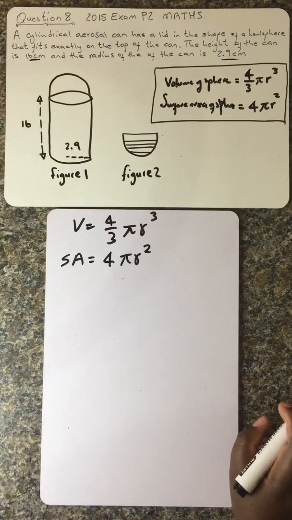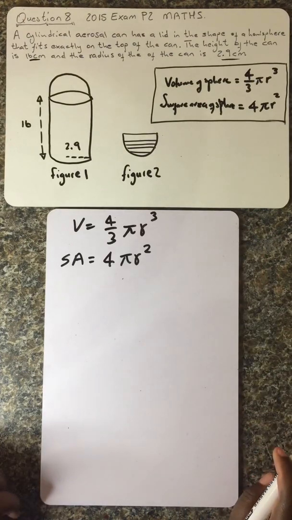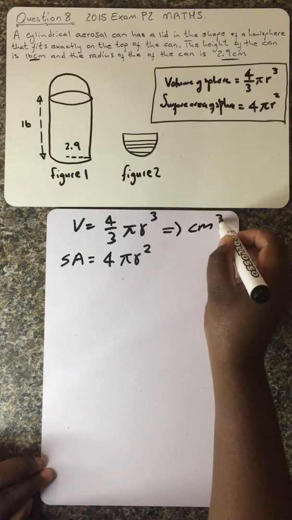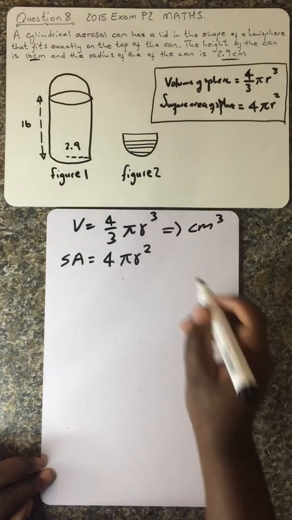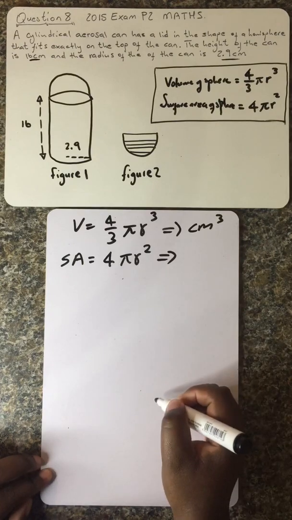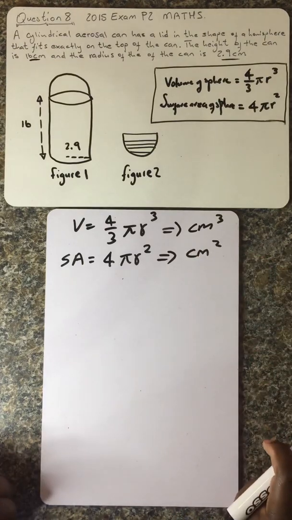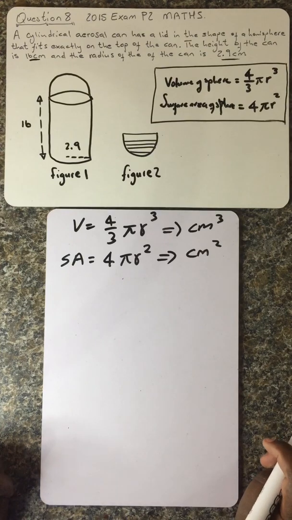Very much important, ladies and gentlemen, that you understand the difference between the two. Volume will be measured in centimeters cubed, and surface area should be measured in centimeters squared.